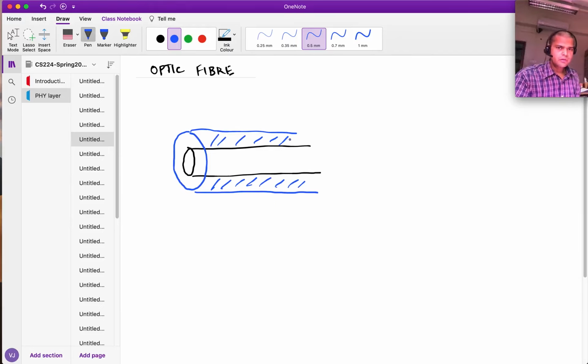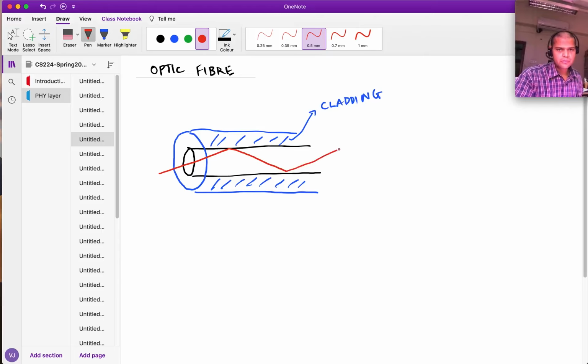So this would be called the cladding. So what happens here? You send in a light ray. Let's say you fire it from a laser, and you would want it to bounce off and keep going, right, till the other end of the optic fiber. So there is very little loss over here in these reflections.